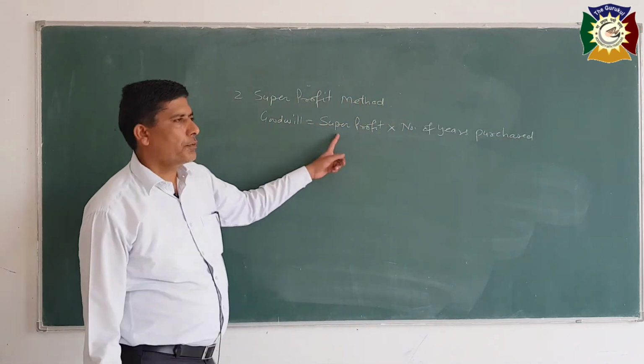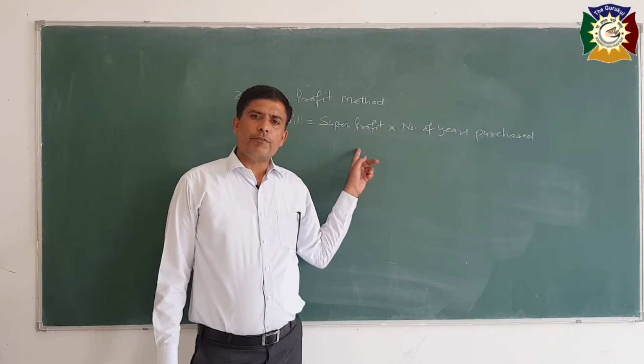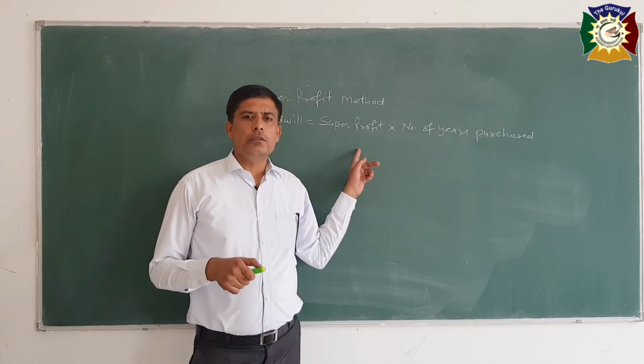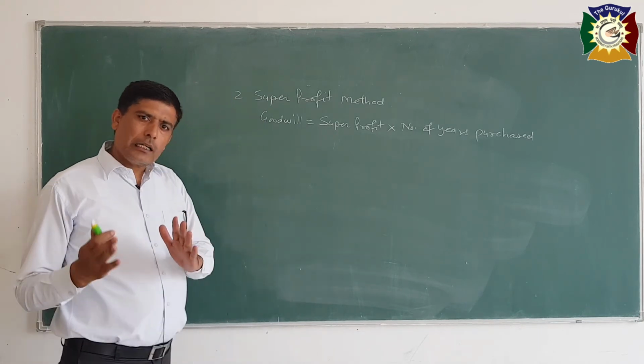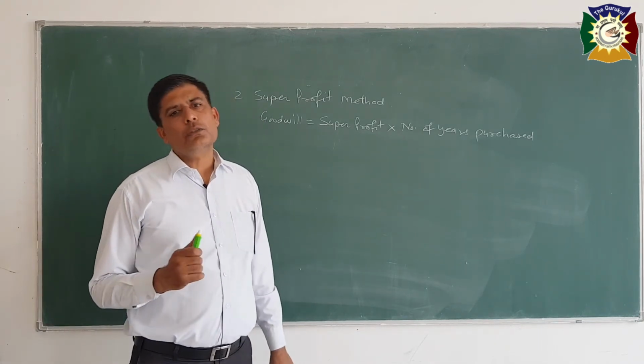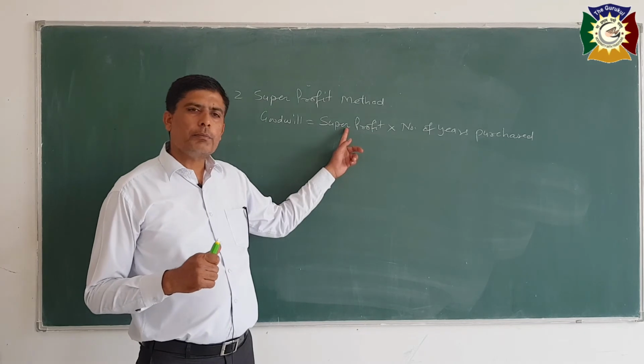So what is super profit? Super profit is that profit which is over and above the normal profits. It means if a particular businessman is earning excess profits in comparison to others, that is called super profit.